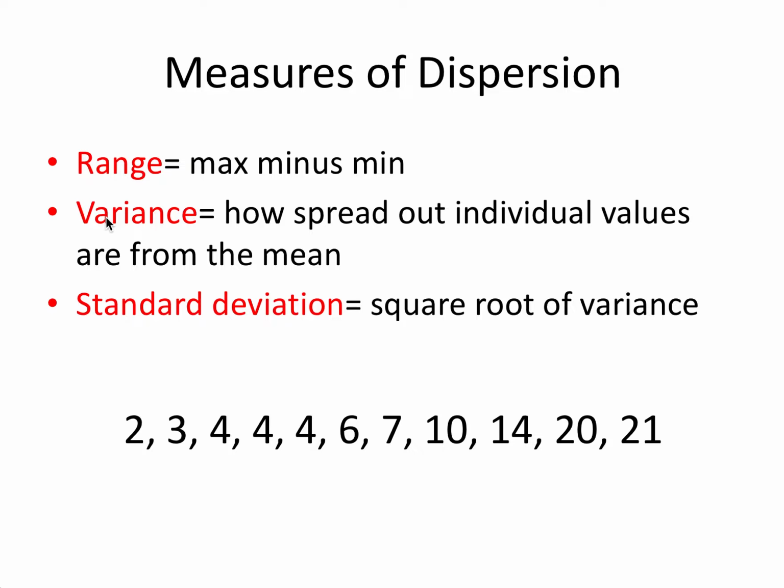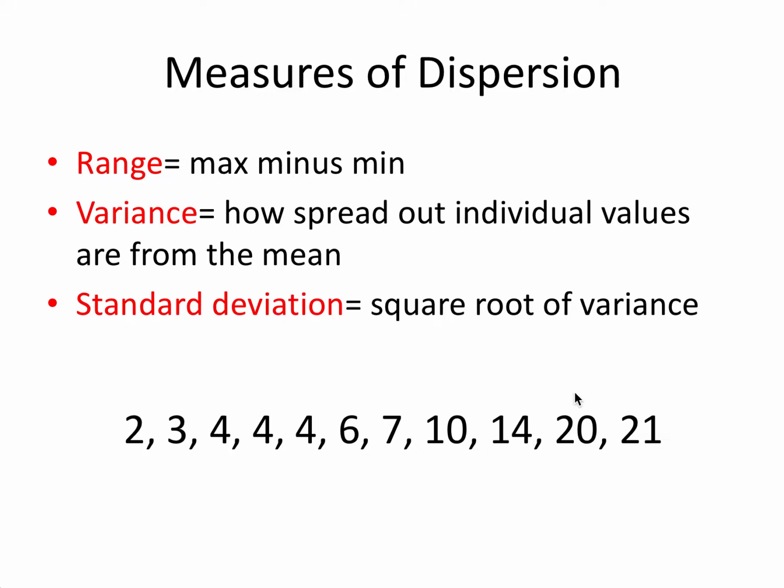Variance is how spread out the individual values are from the mean. So this one's actually a bit tricky to calculate. You never would have to do this for the board exam. But what you would do is figure out the mean, which we got as 8.63. And then for each of these 11 numbers, you would subtract the mean from that number and then square the result.